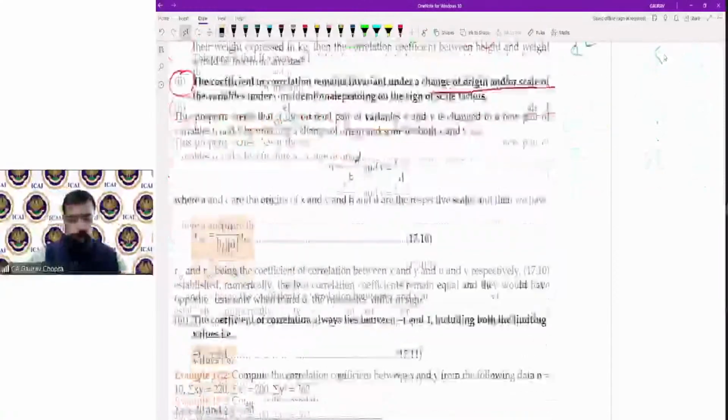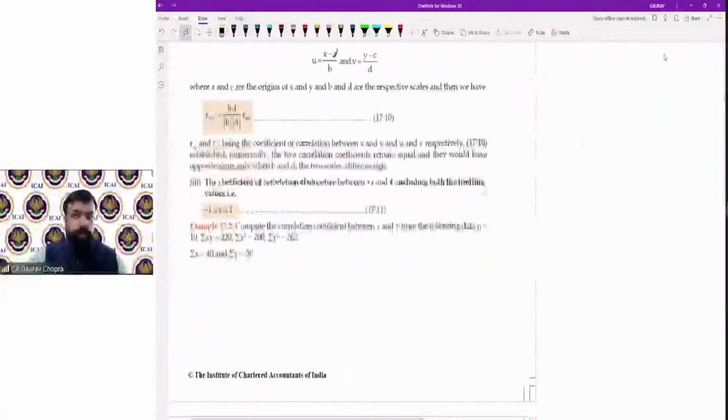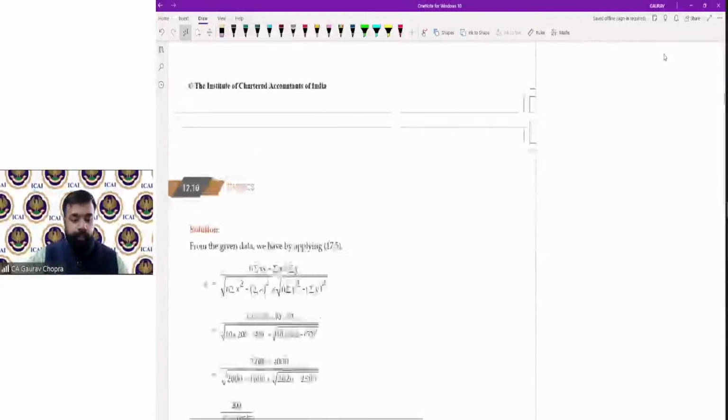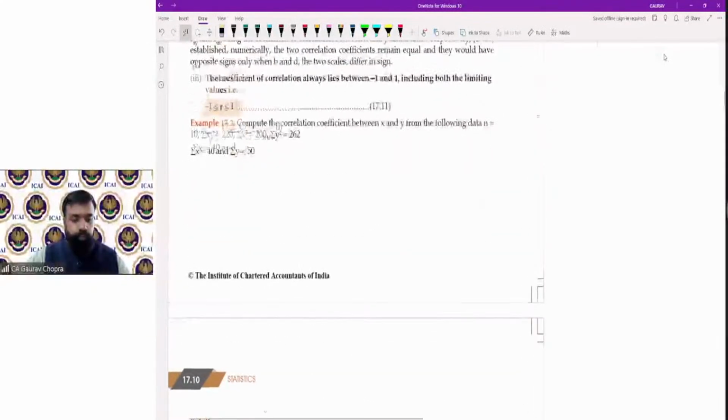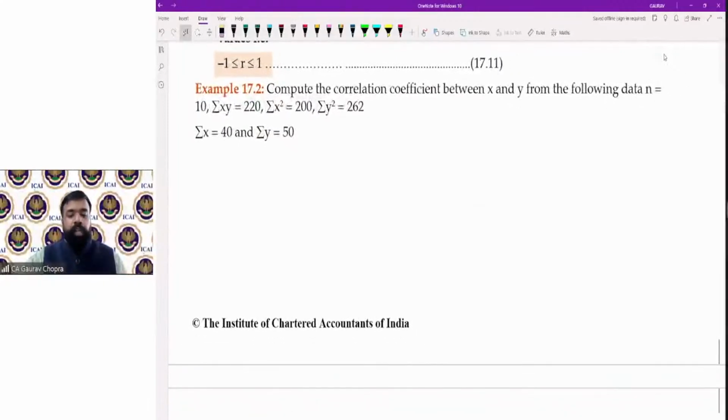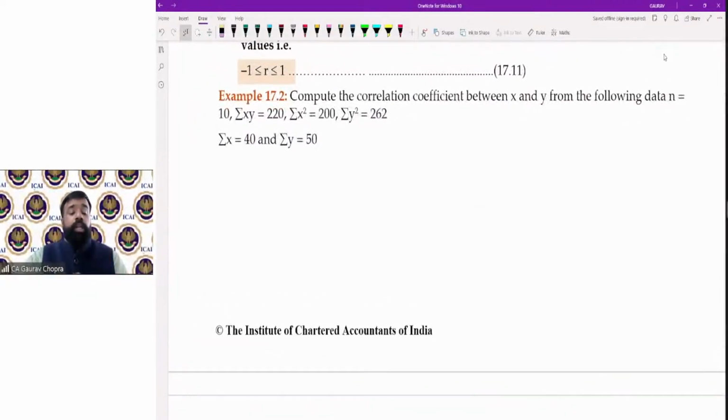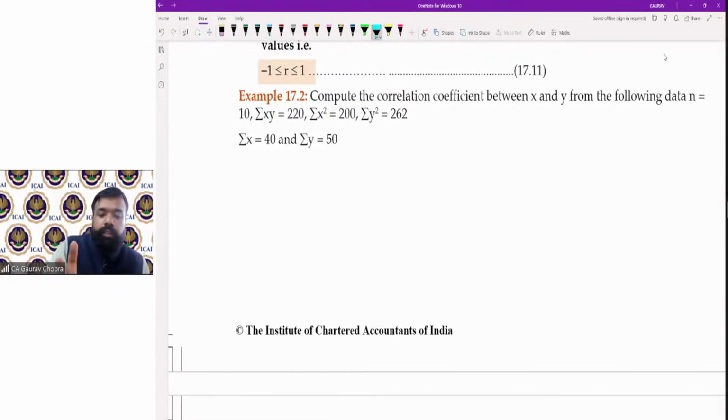Now let's move towards some practical questions. (17.2). So let us understand this. Now the question is very easy. Directly आपको कुछ values given हैं, formula में आपको put करना है, and you have to find the result. कौन सी values given है? n is 10.